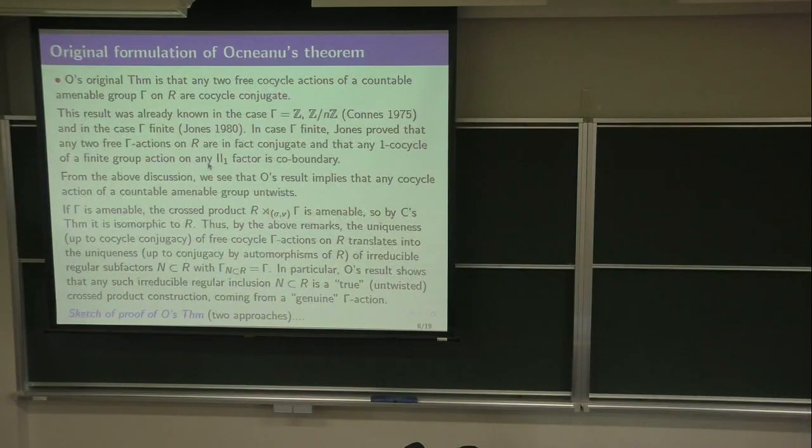The proof was so slick and quick and elegant and short. And by the way, they did it for arbitrary types, not necessarily II_1. They did it for type III, any type, any amenable action.